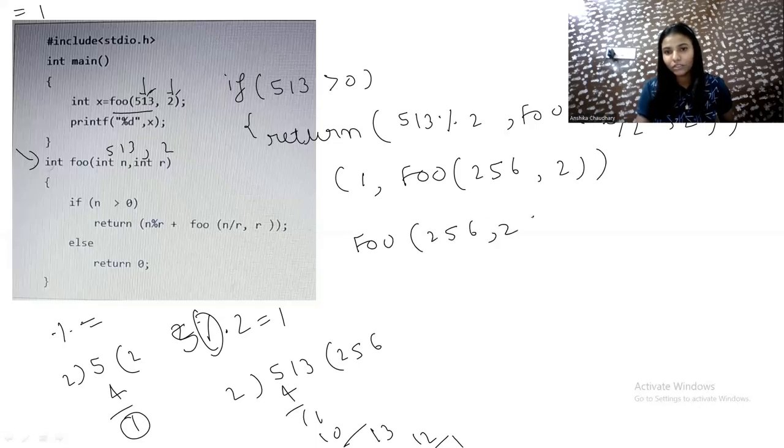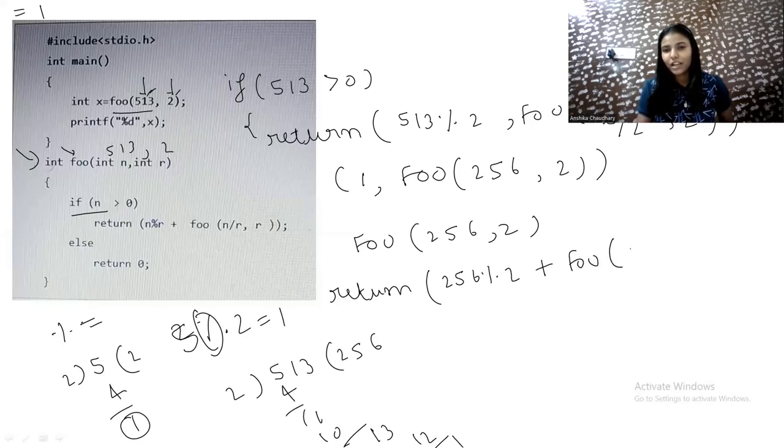So now calling the function for this value, we come here and check if n is greater than 0. This time, what is n? It is 256. Now we have to return n modulus r, which means 256 modulus 2, plus again we call the same function.